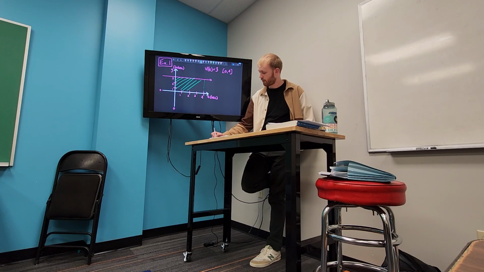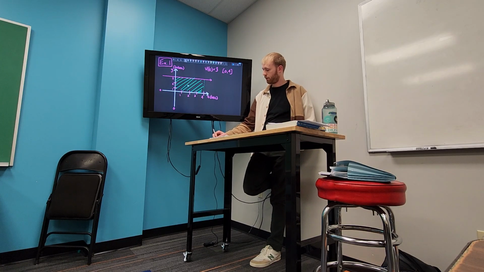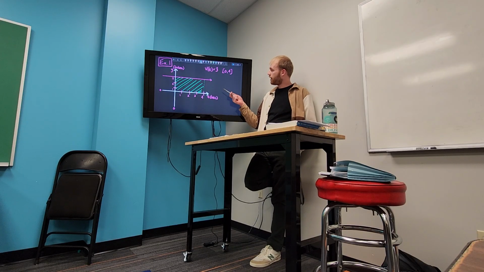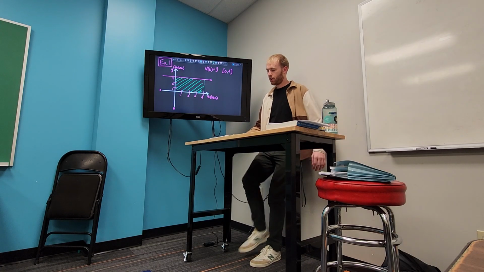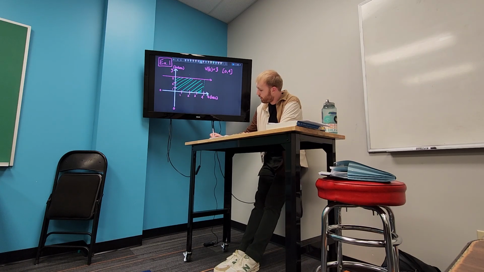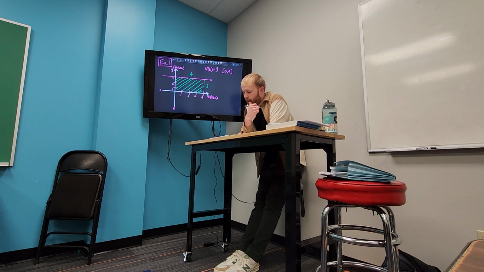The area under this curve is literally the multiplication of what you did to find how far they will be after 4 seconds. You've got the 3 here and the 4 here, and 3 times 4 makes 12.